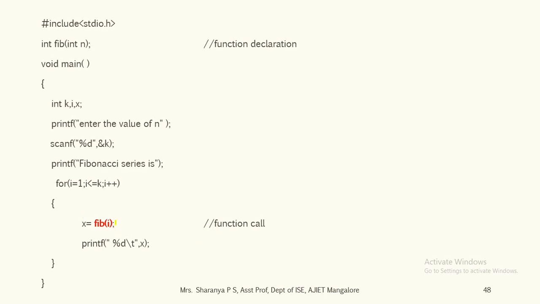Please note, this is what we call the calling function, and this is what we refer to as the called function. From the calling function, the value will be passed to the called function.